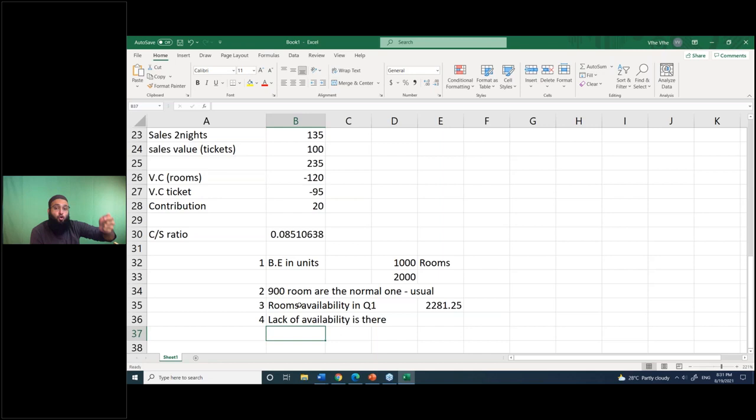Now for break even, you need 2,000 rooms, man, for 2 nights. You need 2,000 rooms. And your 900 customers are already usual ones. Total capacity you have is 2281. You cannot go for this one. Understood? Due to insufficient capacity, you don't have the option.